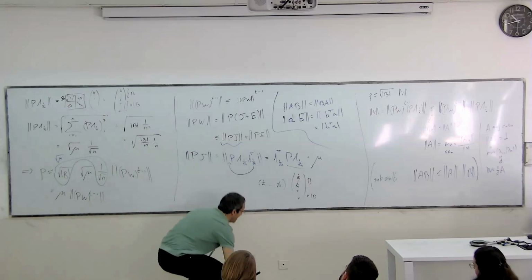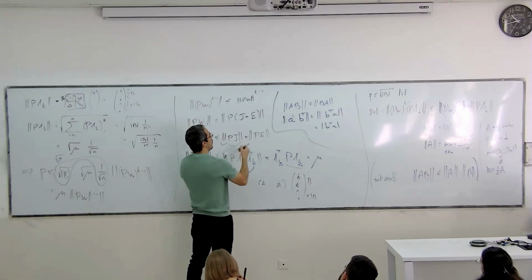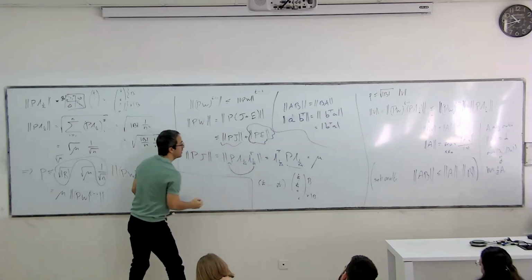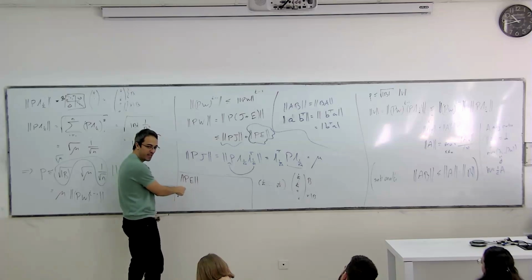And this, how can I bound this thing? I want to bound this by omega. That's the last thing I want to do. Once I do that, I'm done. So why is PE at most omega? Do you understand the relation between P and E?